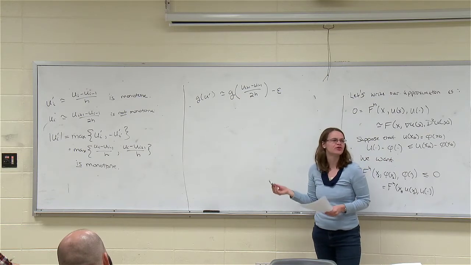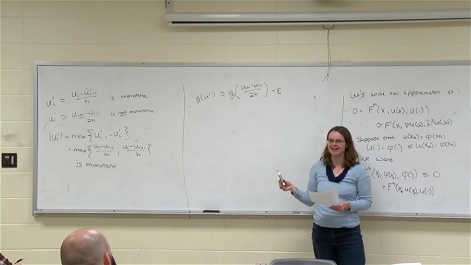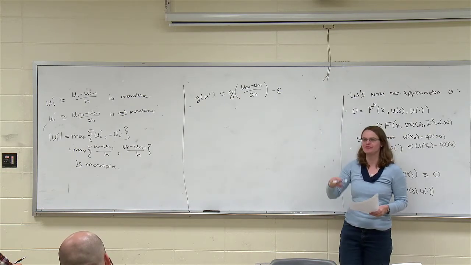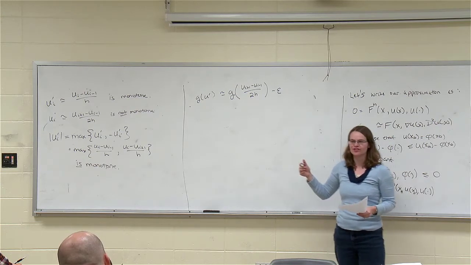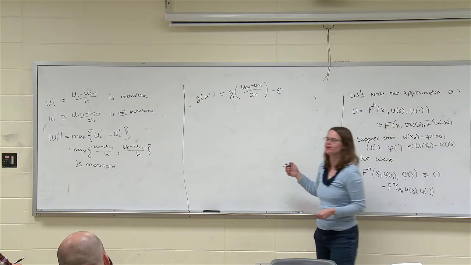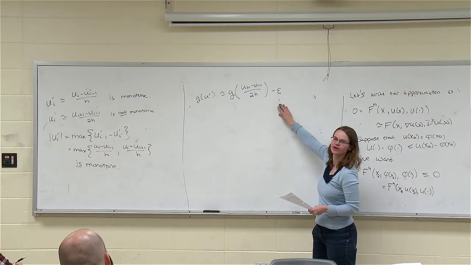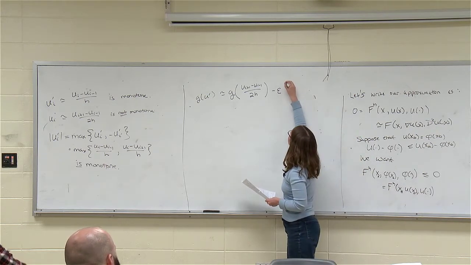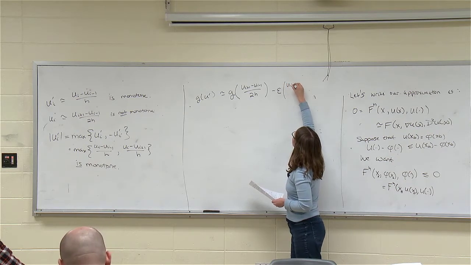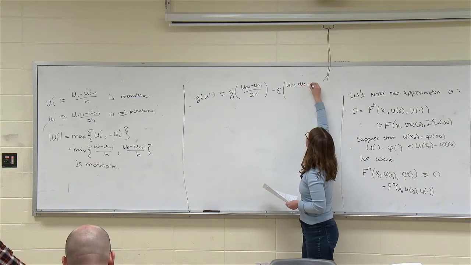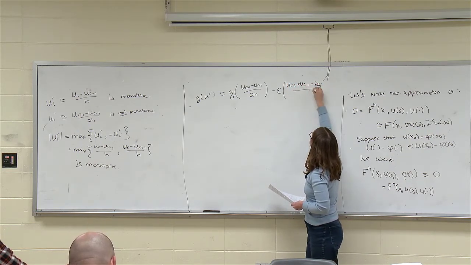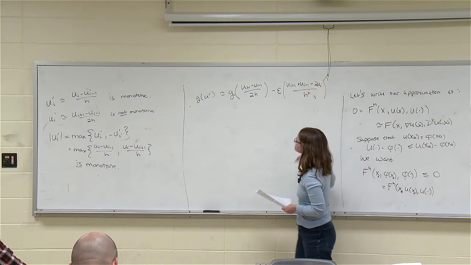I think this question came up several weeks ago, the idea of where the viscosity solution came from. It came from this concept of adding vanishing viscosity to a first order operator. That's exactly what we're doing here. We're going to add a vanishing viscosity term: ui plus 1, plus ui minus 1, minus 2 ui, over h squared.